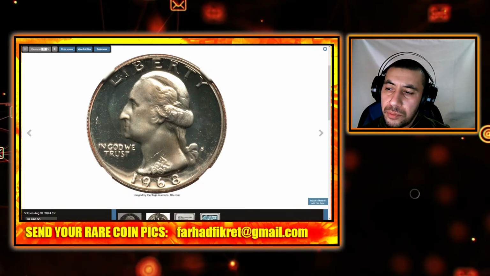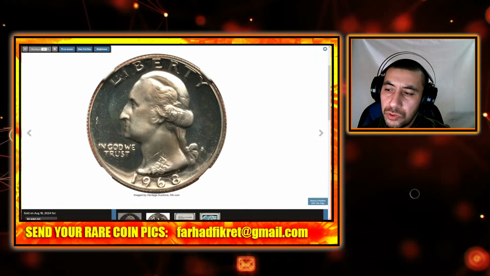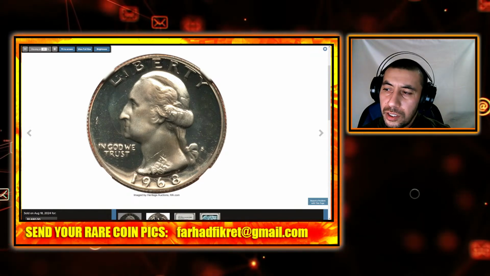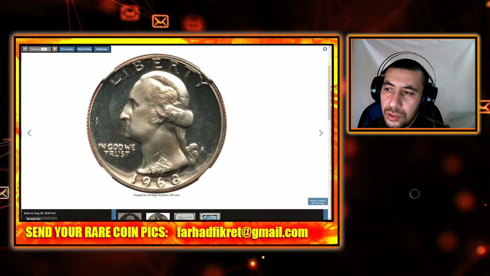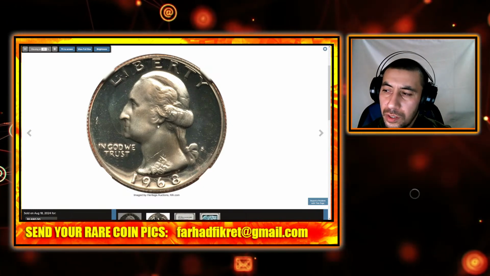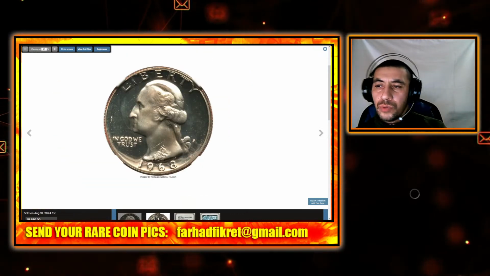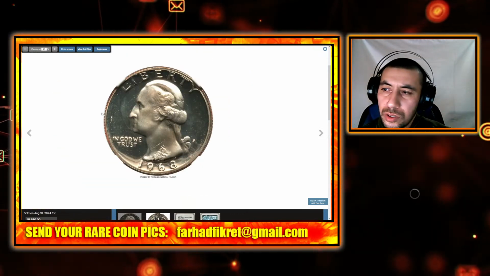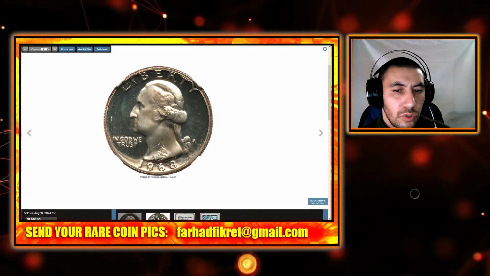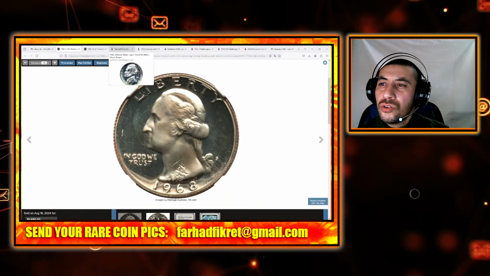Devices means the high points of the coin, including Liberty, In God We Trust, the date, and the central design of George Washington. So we have strong contrast between these two. It was sold for $1,618 at Heritage Auctions.